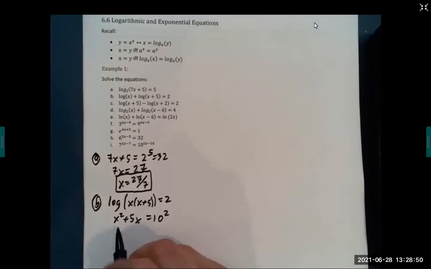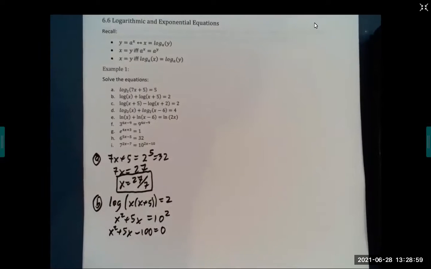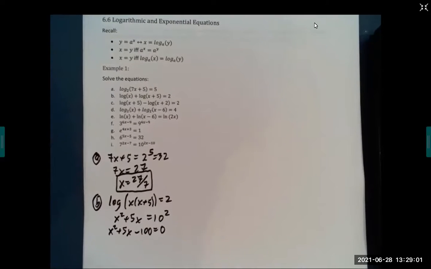And I'm going to move that over. x squared plus 5x minus 100 equals 0. And that does not factor. So we're going to have to use the quadratic formula here.